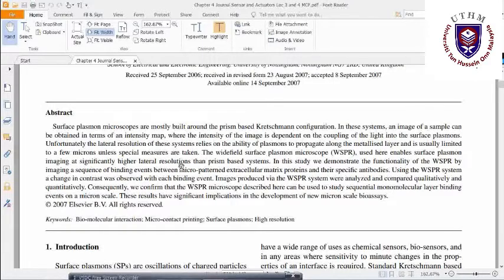That means better lateral resolution. Lateral means in this direction, right? If not, you are looking at vertical. We are not concentrating on vertical, it's on the lateral resolution. Compared with the prism base, which is the standard one, the wide field one uses an objective lens like in a microscope.